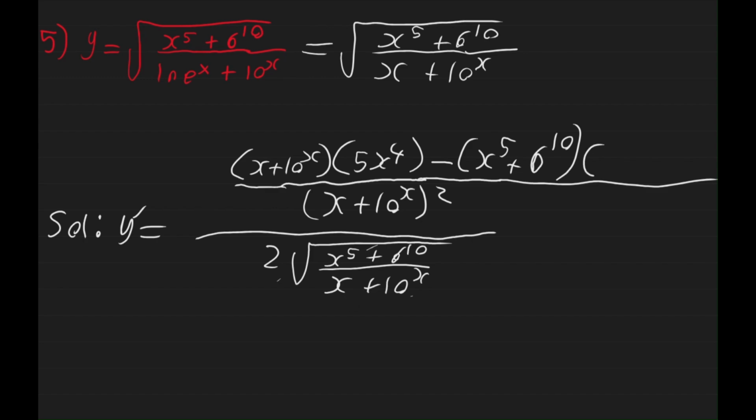The derivative of x is just 1, and 10 power x is one of the rules we took today. 10 power x is going to be 10 power x, don't forget ln 10.